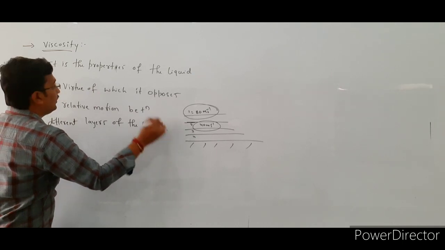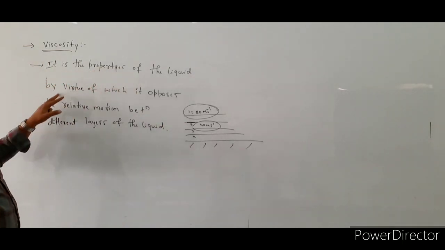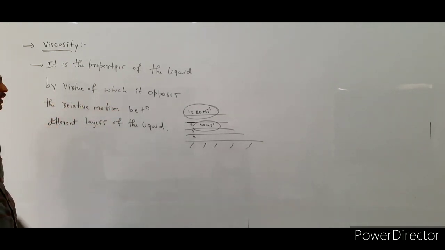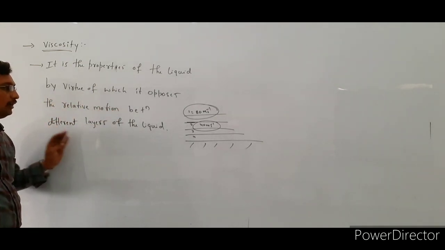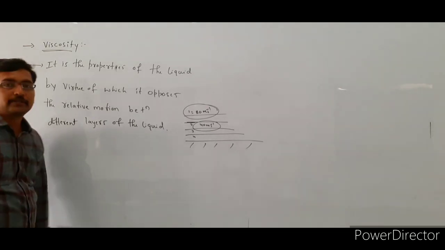This is the definition of viscosity. So it is the property of the liquid by virtue of which it opposes the relative motion between the different layers of the liquid. That is known as viscosity.